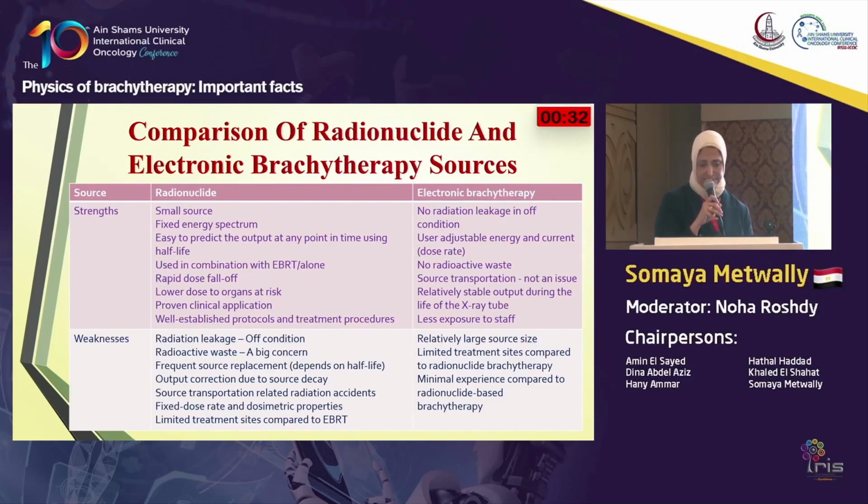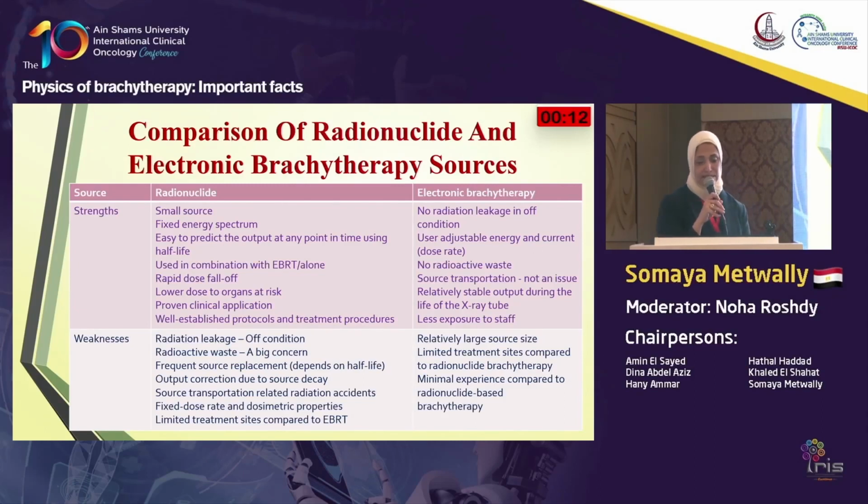treatment procedures. What is the weakness or disadvantage of radionuclide-based brachytherapy? It's radiation leakage, of course, and also radioactive waste. This is a very big concern, especially in our country.